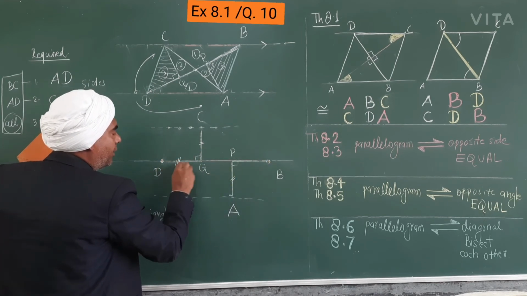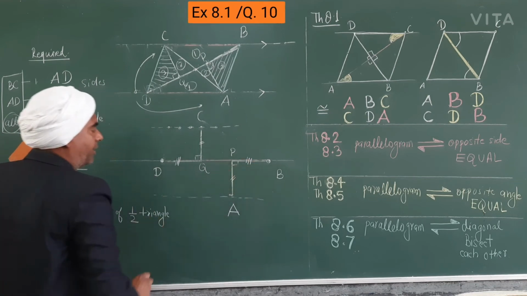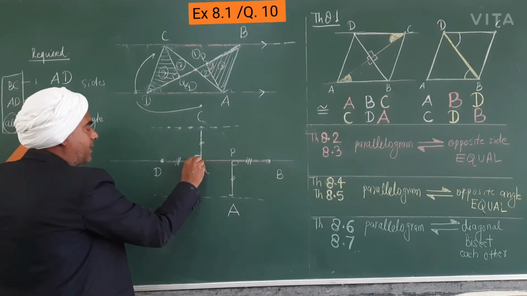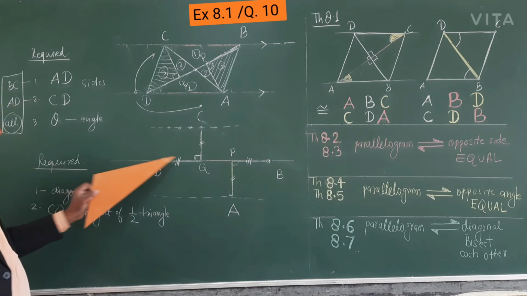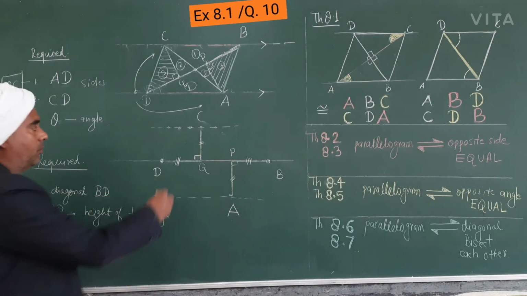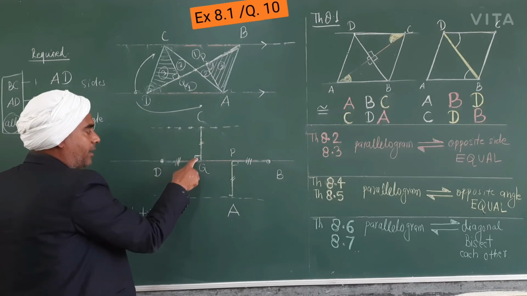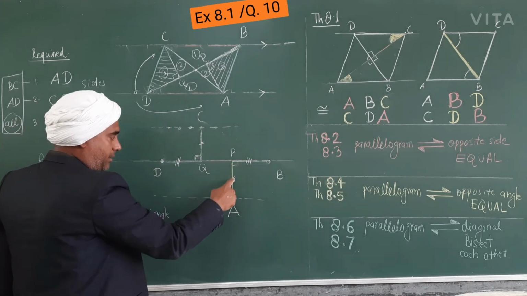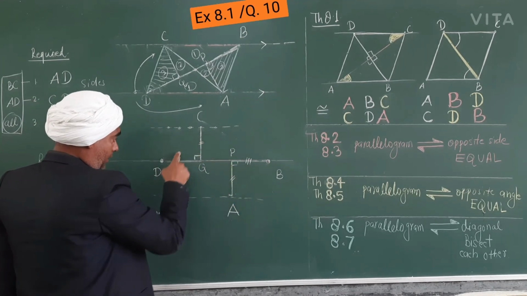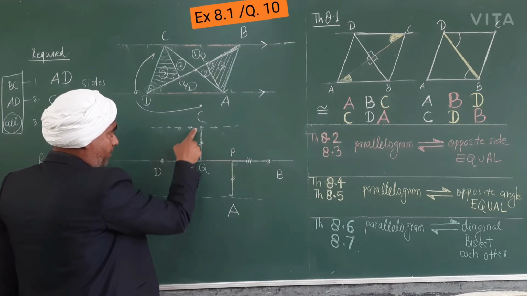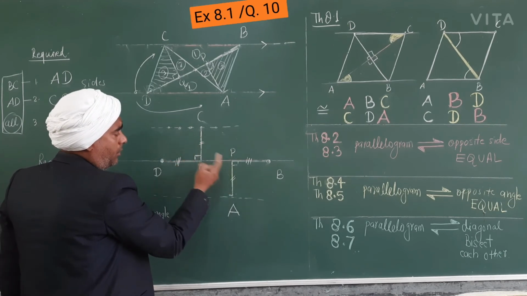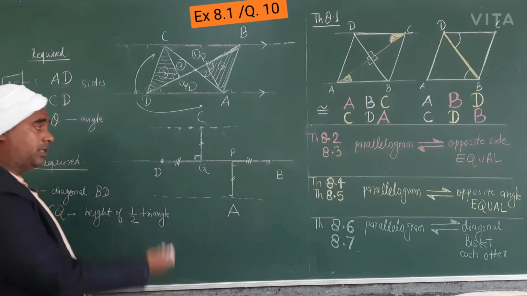This is 90 degrees, perpendicular. So you can see that when you join here, it is side angle side, side angle side. So this will be what? Congruent. So this is the question.